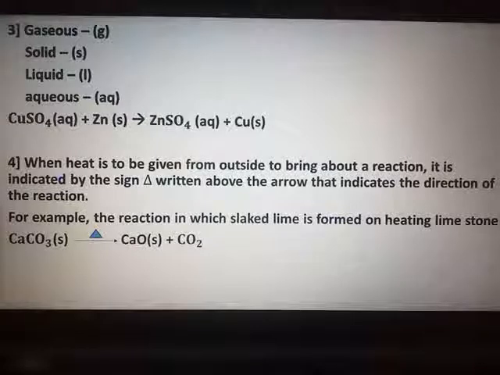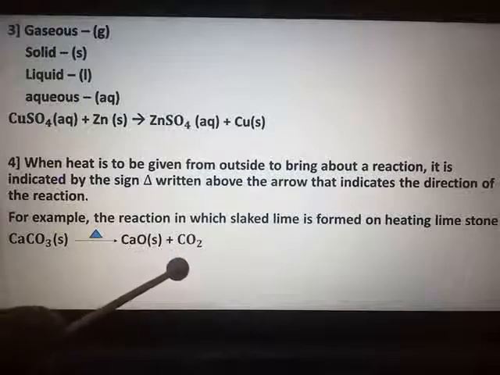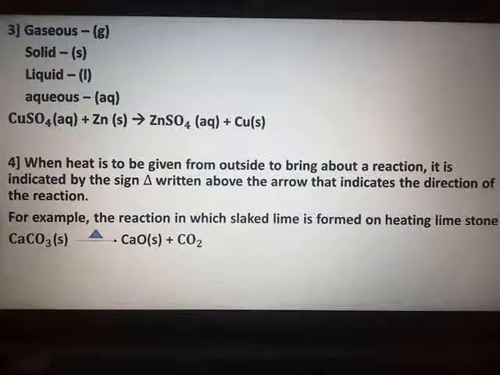So this heat, when it is provided from outside, you have to mention with the help of the triangle on the top of the arrow. Calcium carbonate, to decompose, requires heat. It has to be strongly heated, so it gets decomposed into calcium oxide and carbon dioxide gas. So that triangle indicates that heat is supplied from outside.